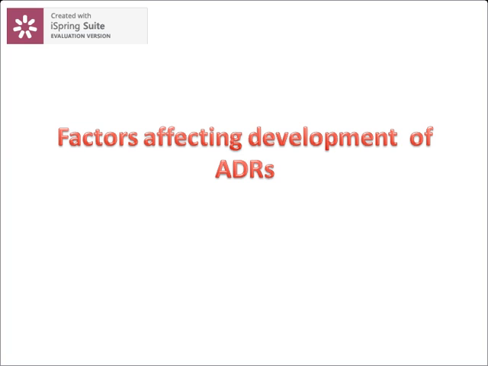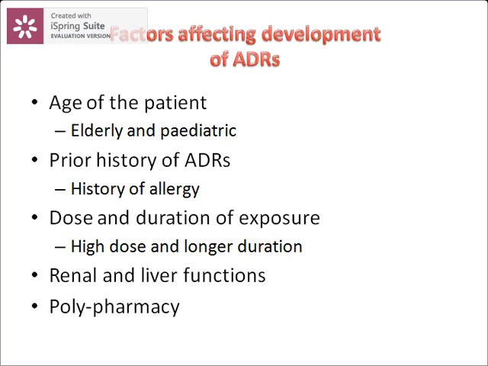Now at last, we'll discuss some of the factors which affect the development of adverse drug reactions. The first important factor is the age of the patient; particularly elderly and pediatric patients are susceptible to adverse drug reactions due to altered pharmacokinetics and pharmacodynamics, especially elderly patients because of the progressive decline in renal function. The second factor is prior history of adverse drug reaction.